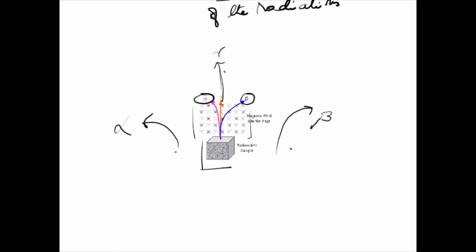These gamma radiations are electromagnetic waves similar to light waves and are therefore not affected. Light waves are also not affected by the magnetic field. So the gamma radiations are electromagnetic waves which are not deflected by the magnetic field. Now, this is the effect of magnetic field.